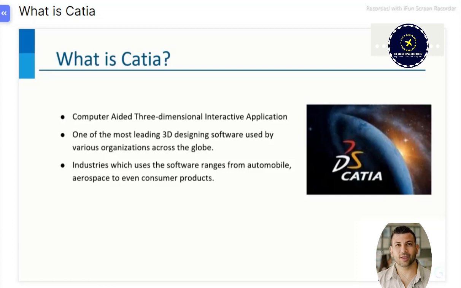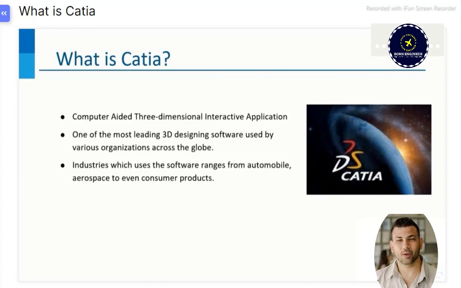And we are able to implement CATIA in various domains, not just one particular domain. So what are the areas or segments in which CATIA is being employed in their business? It ranges from many products which we see in day-to-day lives, to even highly sensitive products like aerospace, automobile, and many other industries.